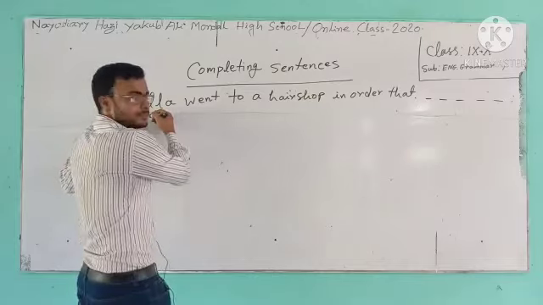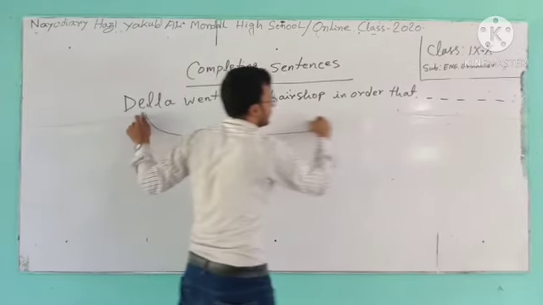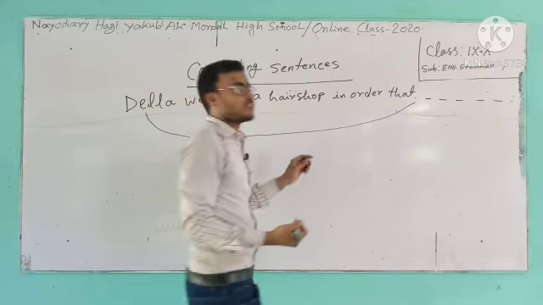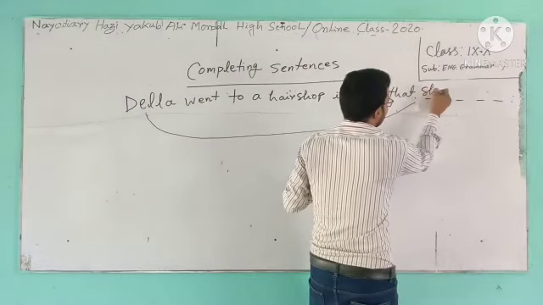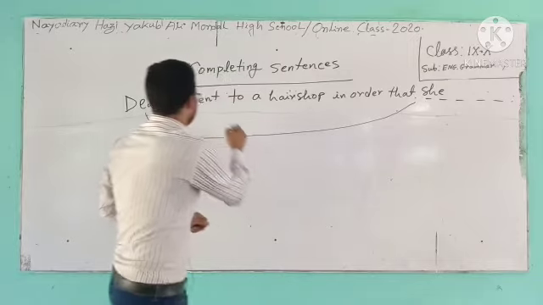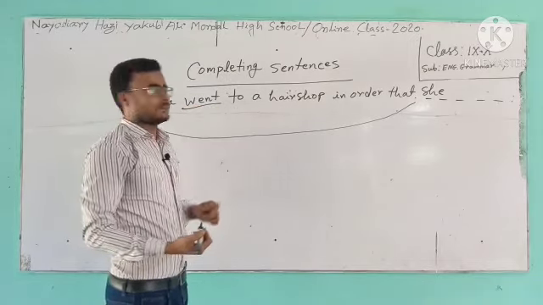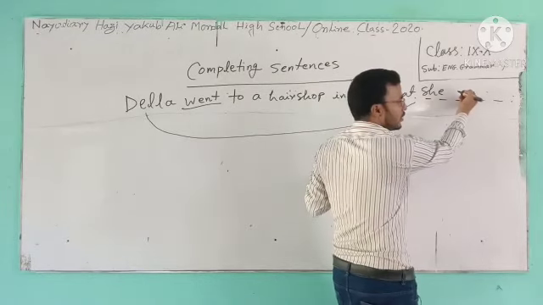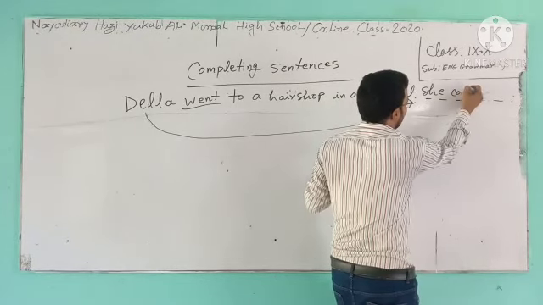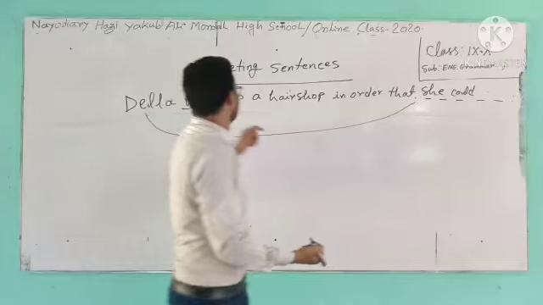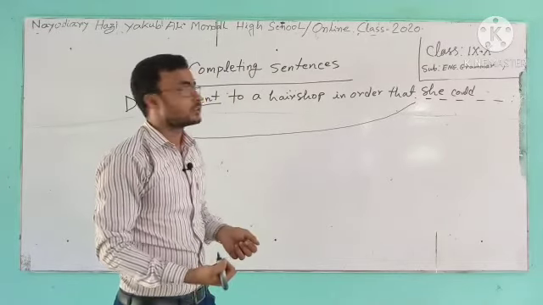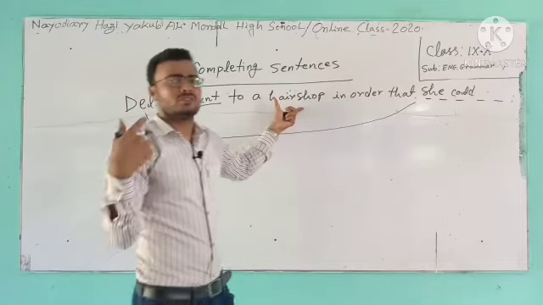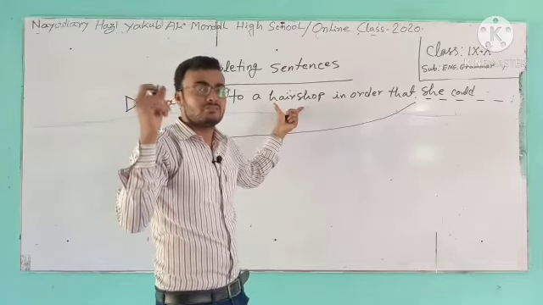As in the previous example, you need to use here the pronoun form of Dela, that is she. Look at the verb went, it indicates past. So here you can use could or might. Could. Why did she go to the hair shop?